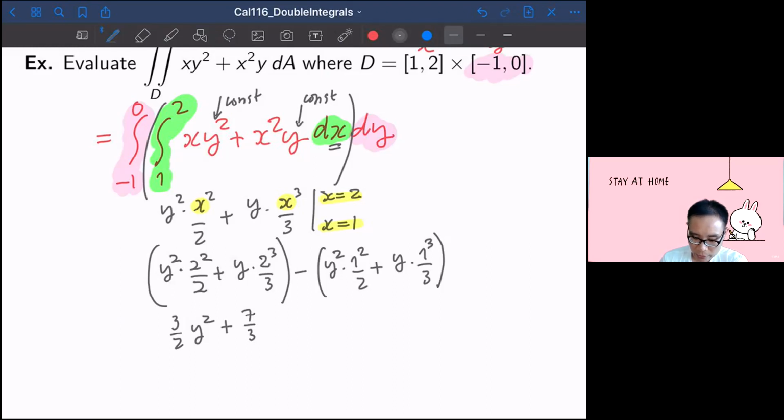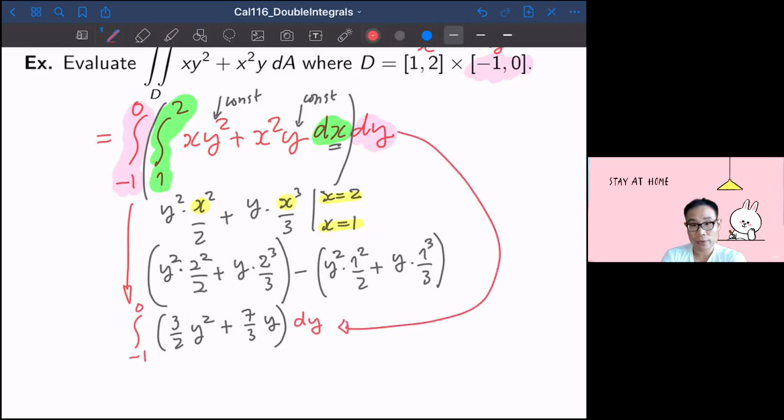Yeah, it's correct, 7 over 3 and y. Okay, and this one will be the function inside parenthesis. And then you're going to copy down the outside. So it's going to be negative 1 to 0 dy. Okay, so this one looks like this.